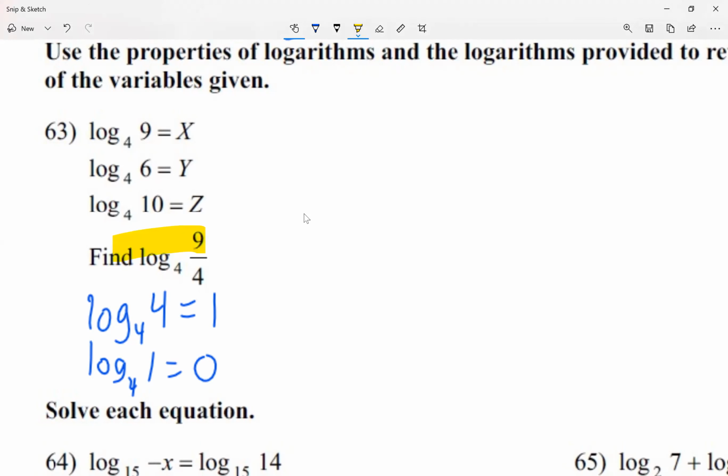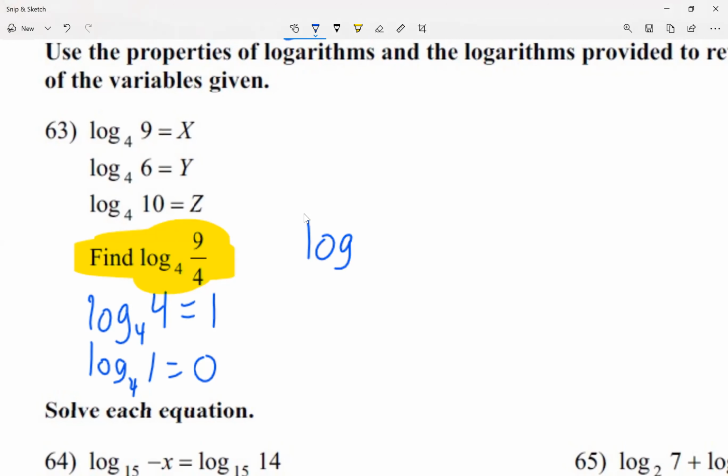The question to begin with was find log base 4 of 9 over 4. So when I expand this, I know I'm going to get log base 4 of 9 minus log base 4 of 4.